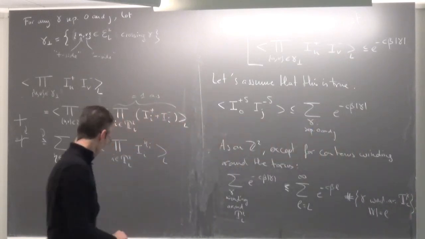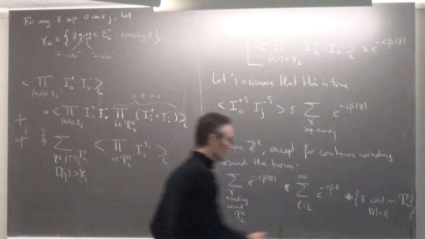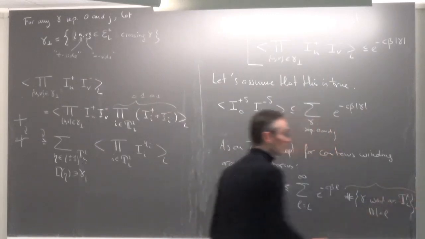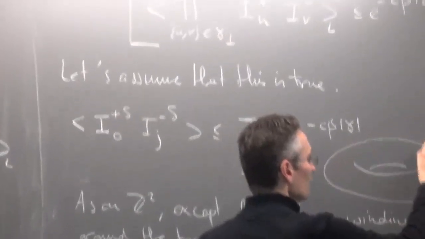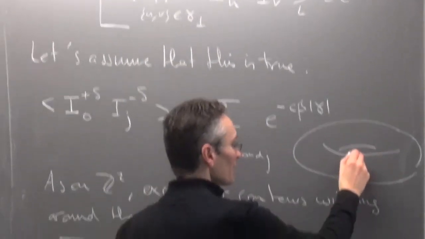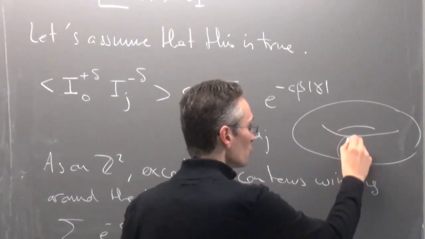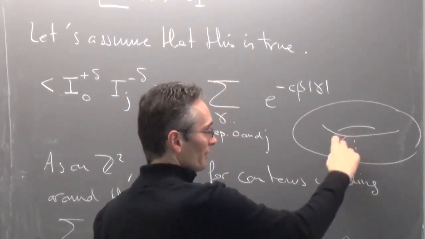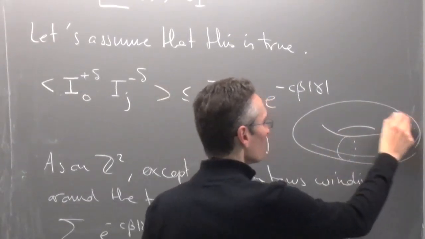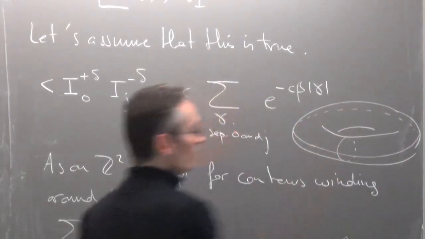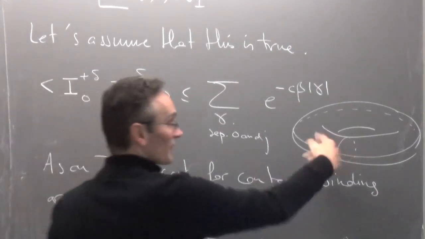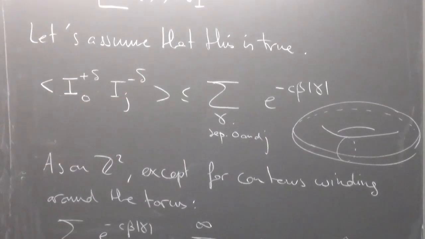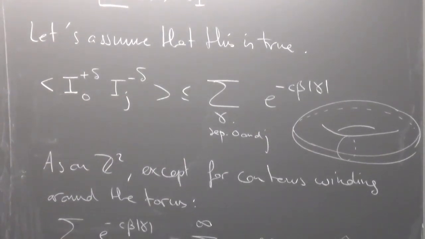Right? And now how do you bound this guy? Well, it's very simple. If it's winding around the torus, let me again draw a small torus here. If it's winding around the torus, it has to intersect, say, let's be very rough, you choose two big circles, this one and this one, right? It has to intersect one of these guys, right? Otherwise it cannot wind around the torus. So this has length 2L, so I can choose the starting point of my path along one of these two lines.